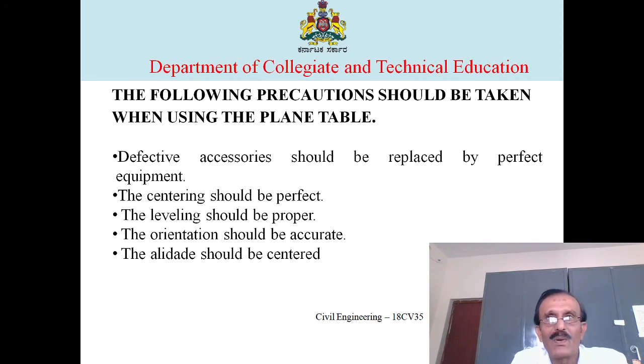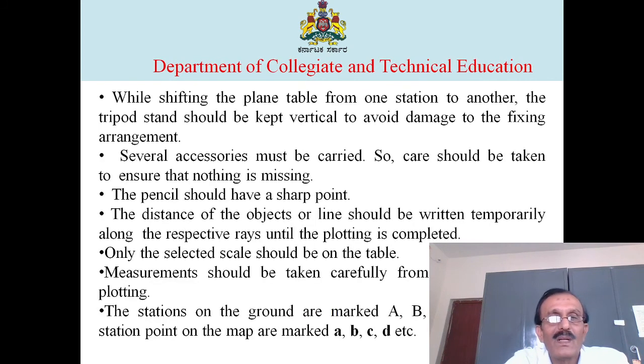Otherwise, the progress of the work will be affected. The alidade should be centered. The centering of the alidade should be on the same working side, where you will draw the rays, and the sighting should be done on the same side.